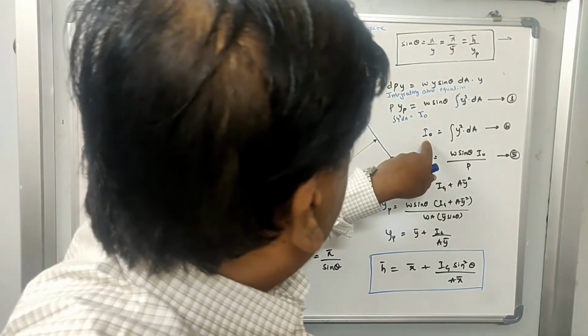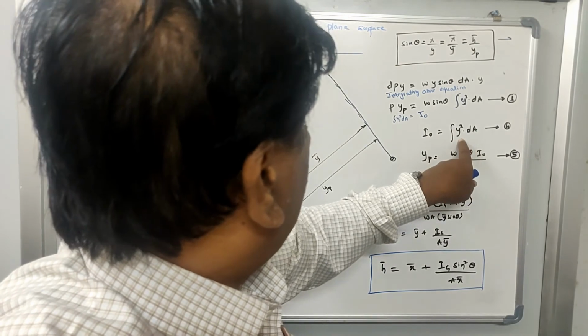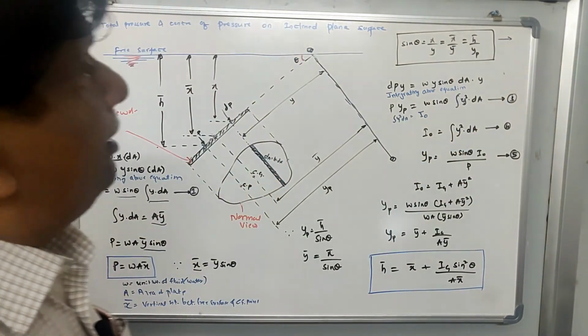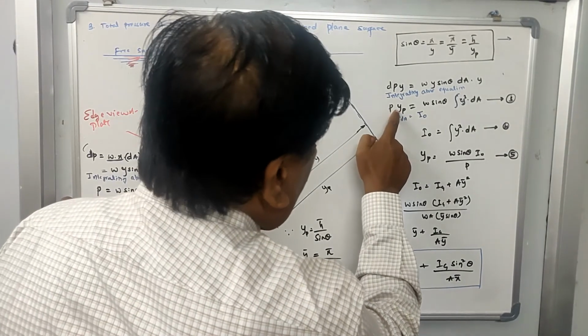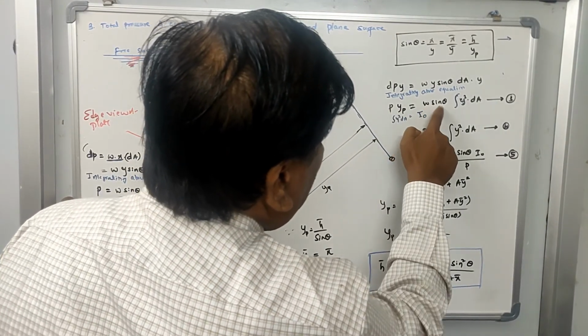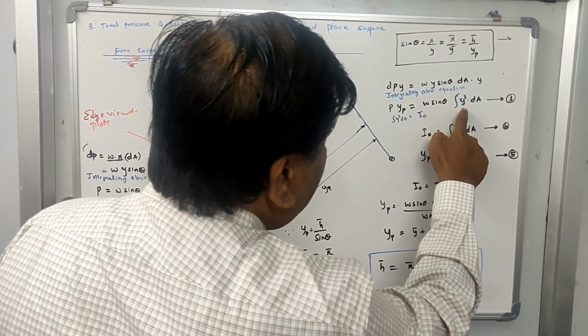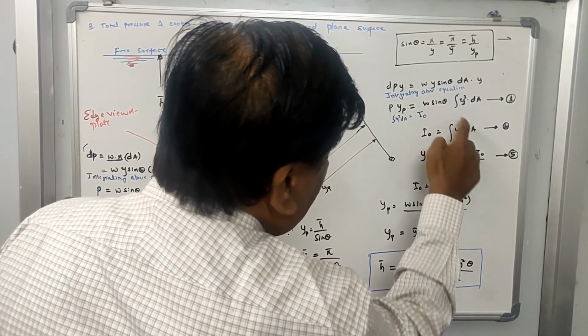So I naught is the integration of y square dA. Now therefore yp is equal to W sin theta, integration of y square dA is I naught, and P you take to the right hand side.